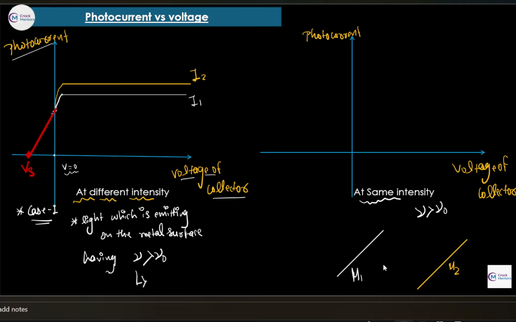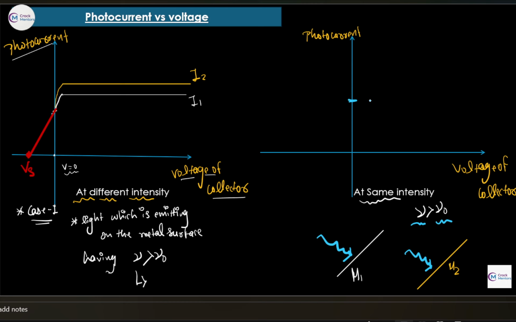So basically what I'm trying to say is that there was a light incident on this metal surface, and the same light is incident on metal surface 2 as well, having frequency greater than the threshold frequency. Then what are we able to observe?